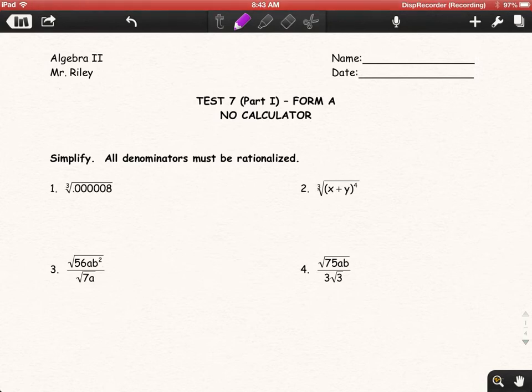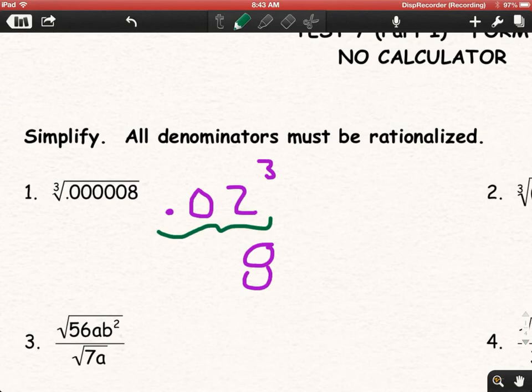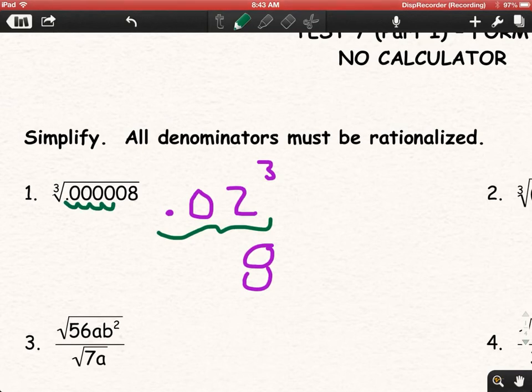This first question tested your knowledge of decimals. If you take 0.02 and raise it to the third power, you will get 8, and because you have two decimal places in 0.02 and you raise it to the third power, you will get the decimal places that require 1, 2, 3, 4, 5, and 6.